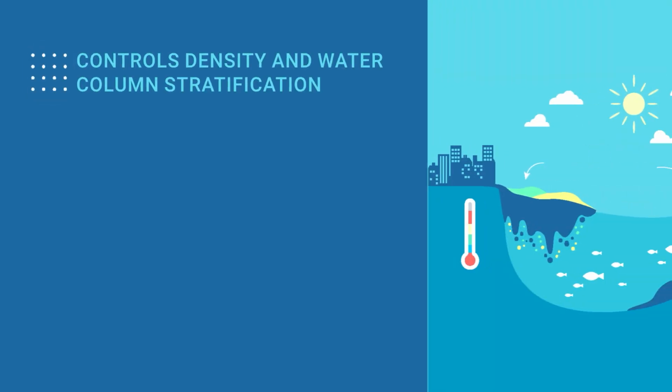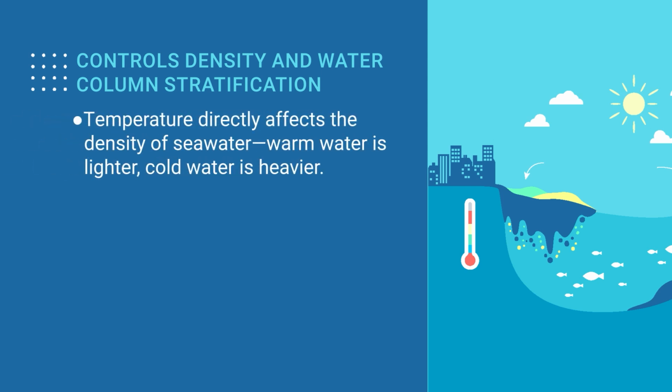Now, we study the significance of ocean water, like what it does and what are the effects of ocean temperature. So, ocean temperature controls the density and water column stratification. Temperature directly affects the density of seawater just because warm water is lighter or less dense and cold water is heavier or more dense.